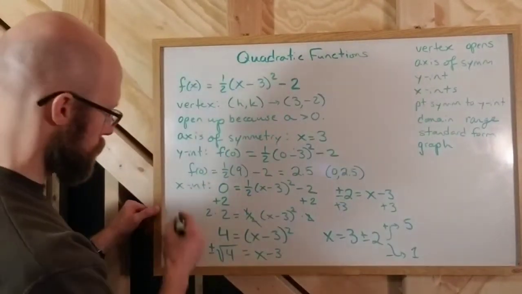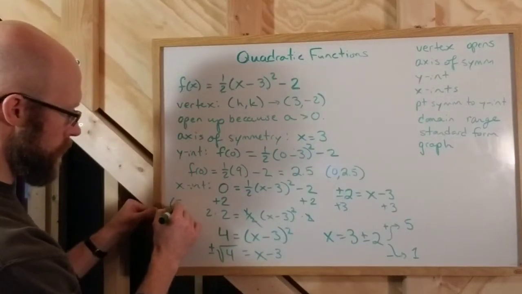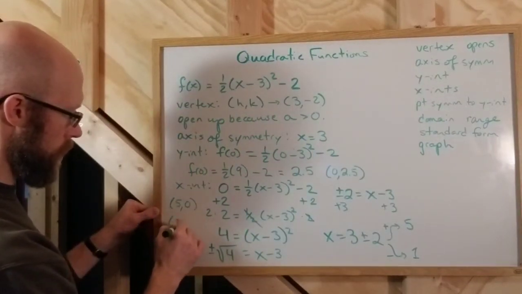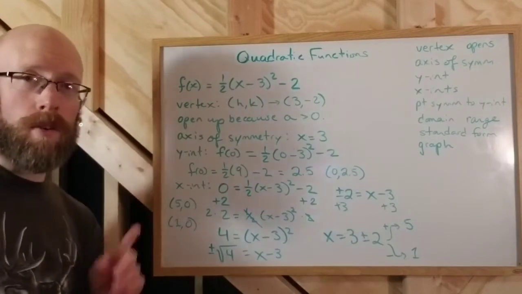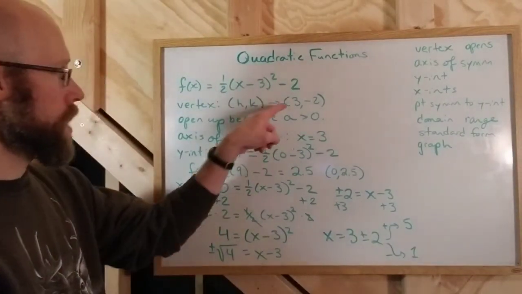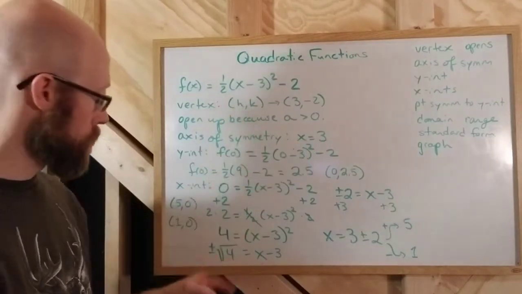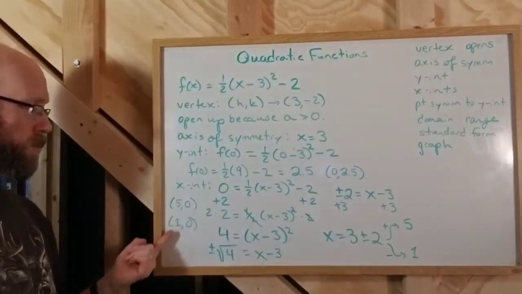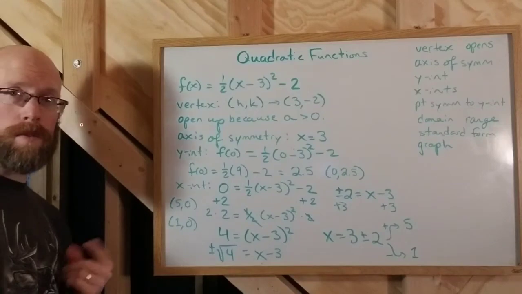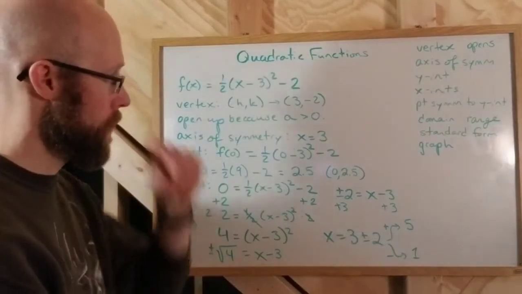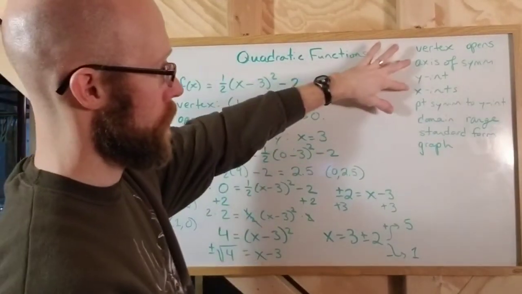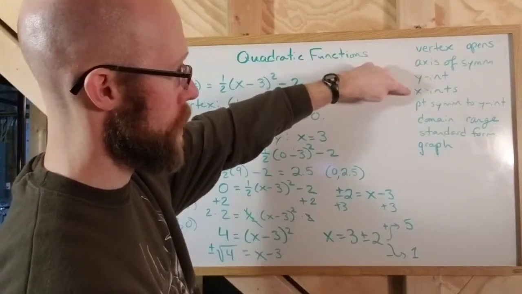So I'm going to put those over here. So it's at 5, 0 and 1, 0. Now notice that the vertex of 3 and the axis of symmetry, those occur exactly halfway between the two x-intercepts. Okay, interesting point. Okay, so that gets me down through the x-intercepts.